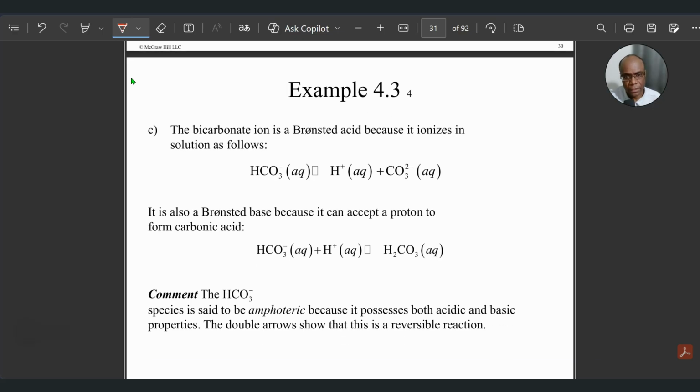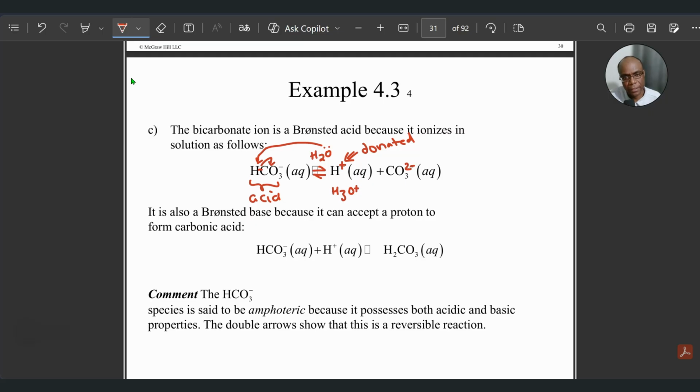Hydrogen carbonate, like I said, in water can give away a proton to the water to give you H3O+. So the water is just going to take away this hydrogen basically, and the bond breaks to the carbon. You're going to get CO3 2-. So this is available to be donated.